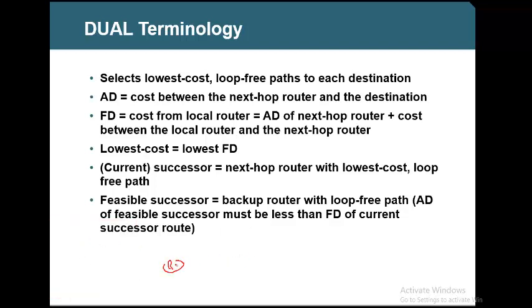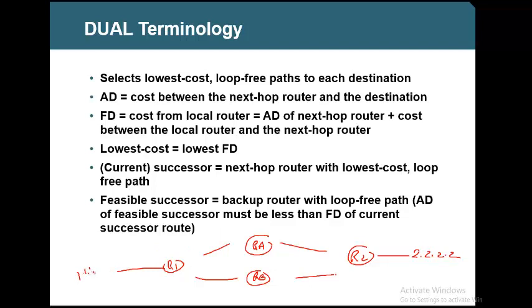I have router 1, router A, router B, and router 2. This is the diagram that I drew yesterday. Now the destination is 2222.